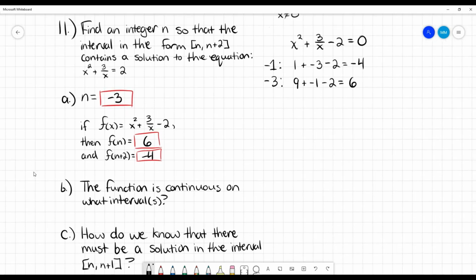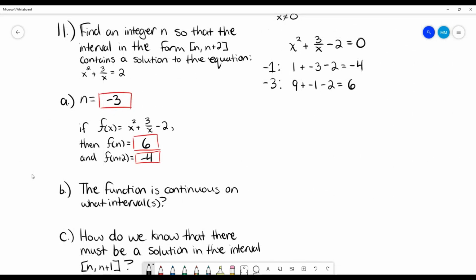And now we want to know what intervals our function is continuous on. Well, the only thing that would cause any discontinuities is this bit where we've got that x in the denominator. And all that means is that x can't equal 0, like we addressed earlier, which means that it's continuous on every x value except for 0.